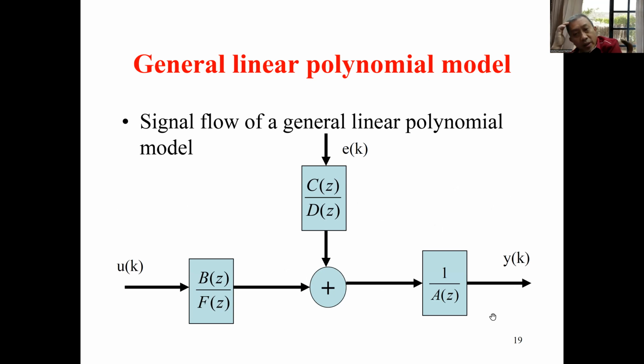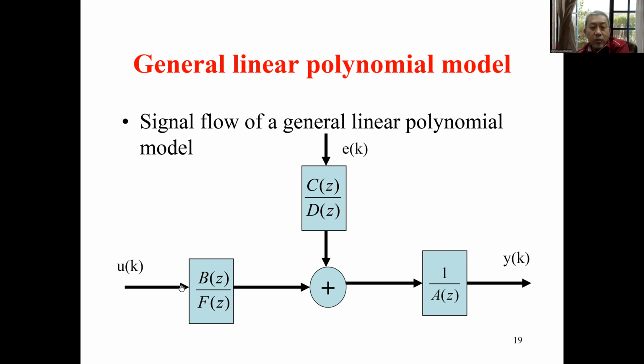So we can draw it as a block diagram as shown here. UK is the input, YK is the output, and EK is the disturbance part.